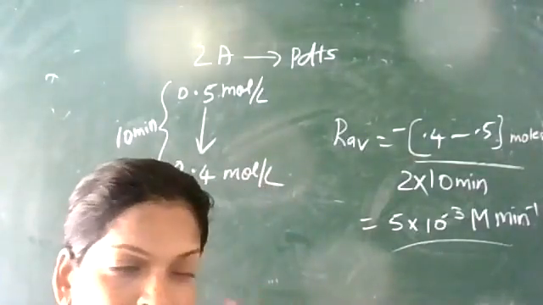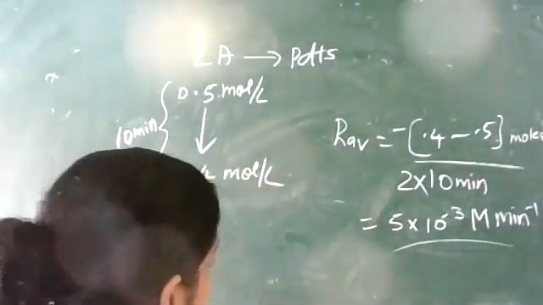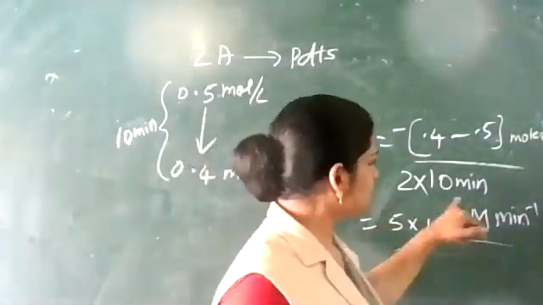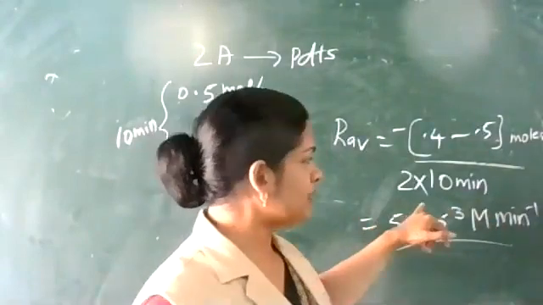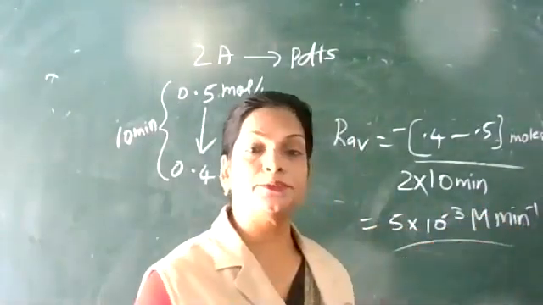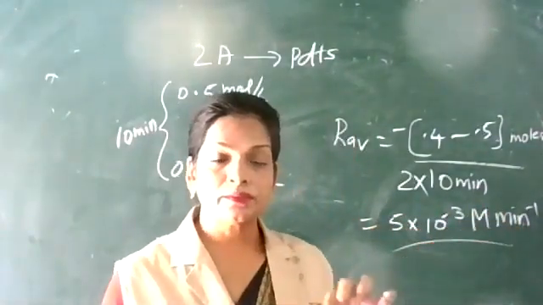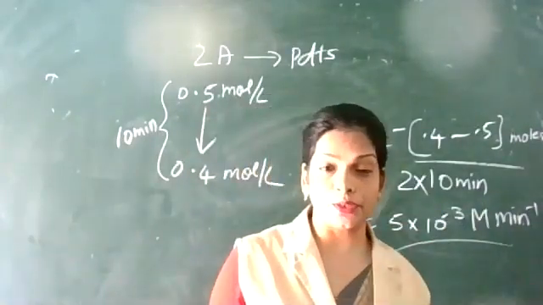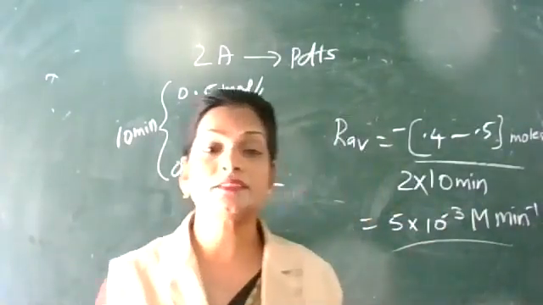Instantaneous rate is measured by reducing this delta t: limit delta t tends to 0. That is the instantaneous rate.